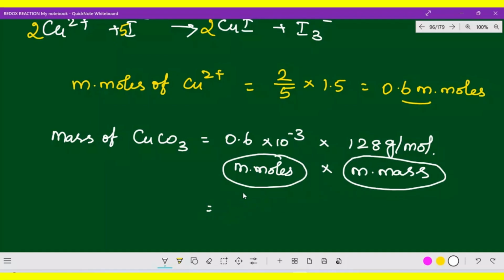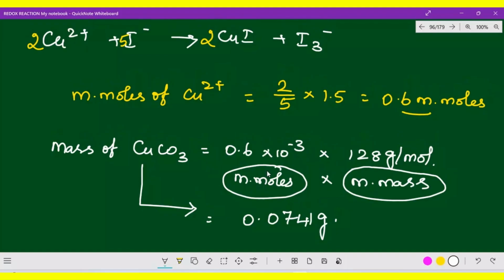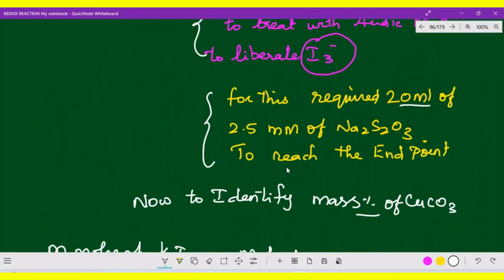Now when you calculate this, you will get 0.0741 gram. So that is the mass of copper carbonate which is taken for the reaction. The unreacted part is also available, but here we want the reaction. See again, I bring that mind map for you to understand.